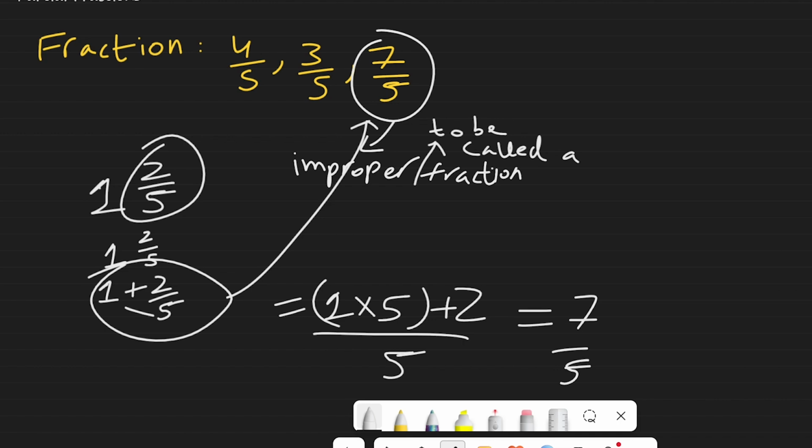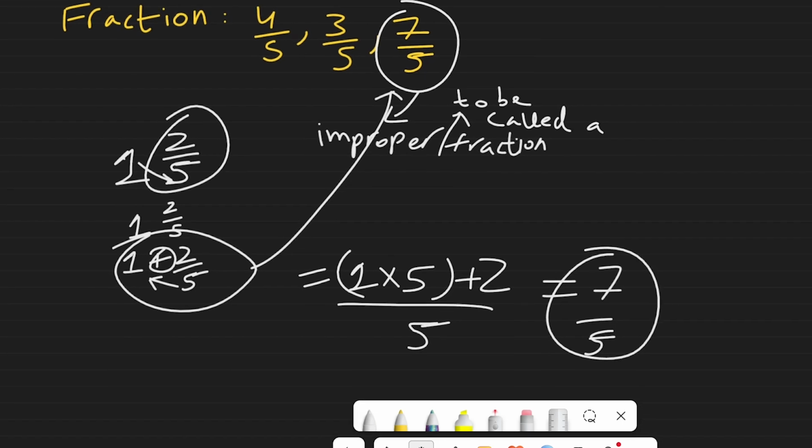Basically we multiply the whole with the denominator and then add the numerator. So we're taking an LCM where there is a plus in between, which we don't write. So this 7 over 5 is an improper fraction.